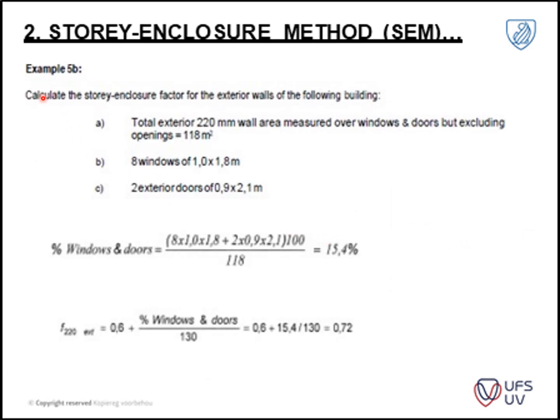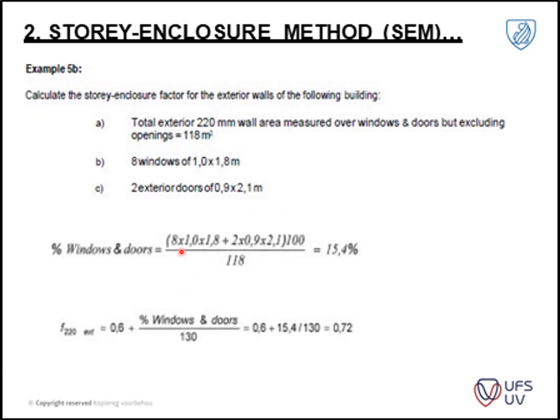Okay, so looking at example 5b, calculate the store enclosure factor for the external walls of the building. So it's that same building that we had. The total exterior wall area measured over the windows, but excluding the openings, is 118 square meters. So we've got 8 windows of 1 times 1.8 and 2 exterior doors of 900 millimeters times 2.1.